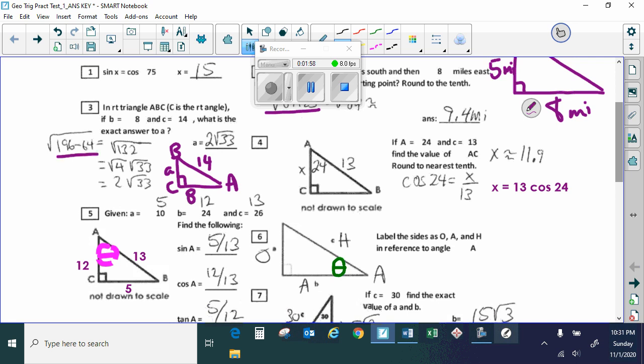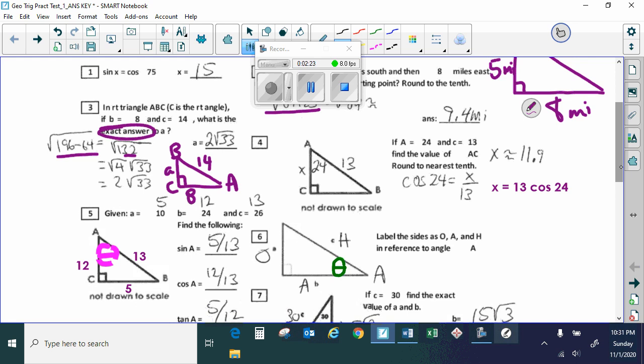So that's why you see the 196, which is 14 squared, minus 64 equals 132. Take the square root of that and simplify it down. 4 goes into 32, so I know 4 will go into 132. So 4 times 33, and the square root of 4 is 2. The square root of 33 does not break down. Notice it says exact answer. That means you're not to put it in your calculator.